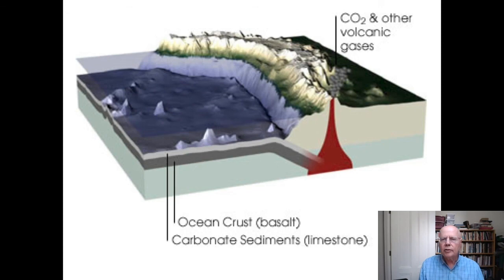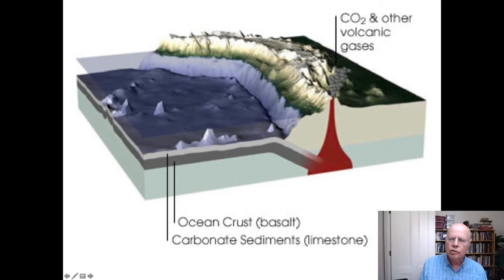Climate is another example where you have a complicated set of feedbacks, and those feedbacks involve all the components of the Earth system. The ultimate source of CO2 to the atmosphere is volcanoes. You're melting the Earth's interior, dissolving the carbon dioxide that's in the Earth's interior, and it's degassed when the volcano erupts.